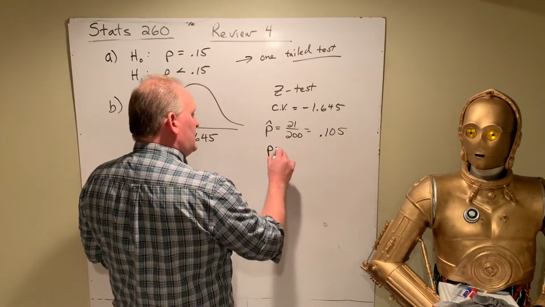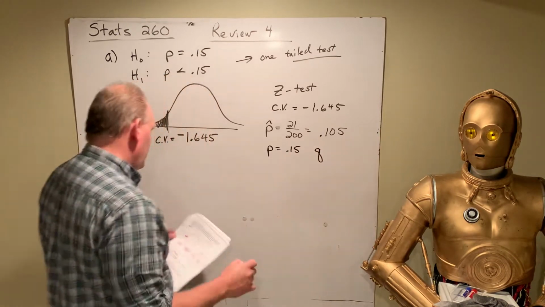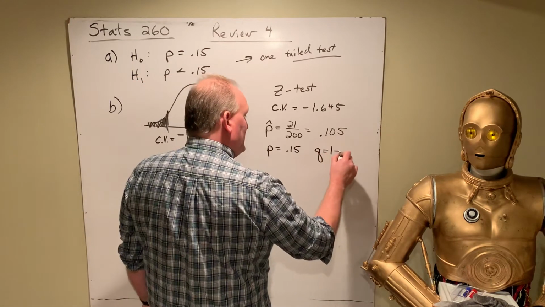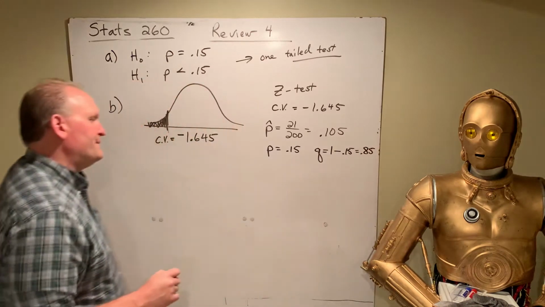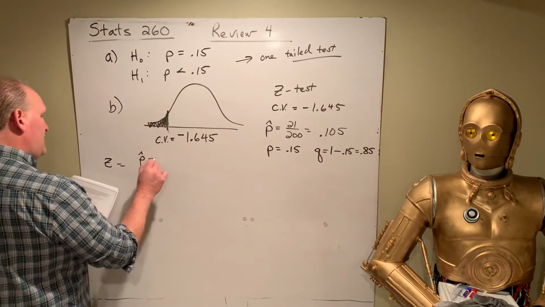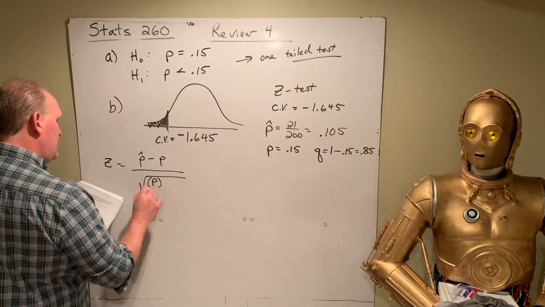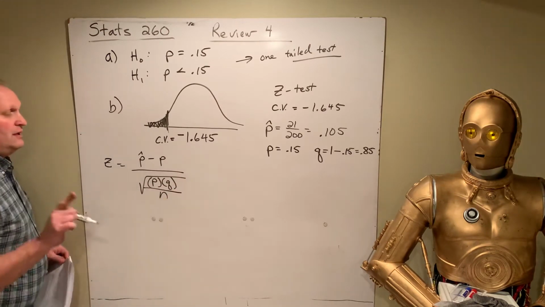Well, we know P is 0.15. We also need Q for our equation, and that's going to be 1 minus 0.15 or 0.85. All right? So now Z is equal to P hat minus P over the square root of P, Q, all over N. Now, let me caution you.